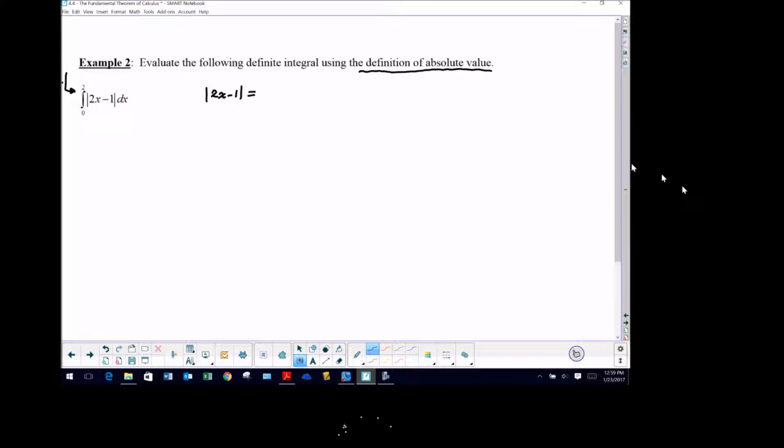So we go from our least favorite function, the absolute value, to maybe our second least favorite function, the piecewise. The absolute value of 2x minus 1, by definition, is 2x minus 1 as long as 2x minus 1 is already positive or 0. On the other hand, the absolute value of 2x minus 1 is the opposite of 2x minus 1 as long as 2x minus 1 is negative.